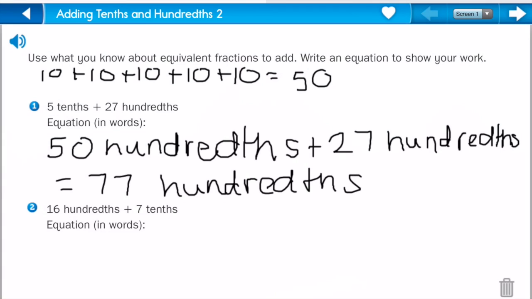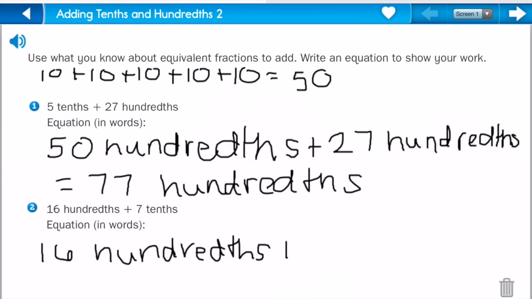All right, let's look at the next one. 16 hundredths plus 7 tenths. So, I know I can leave my 16 hundredths where they are, so I'm just going to write 16 hundredths. But now I have 7 tenths.